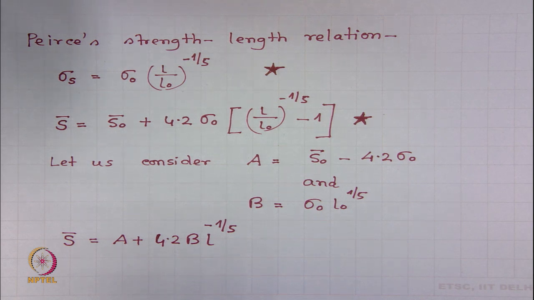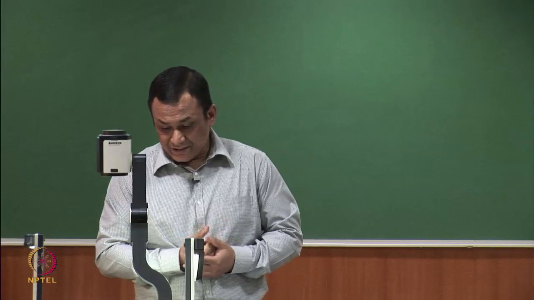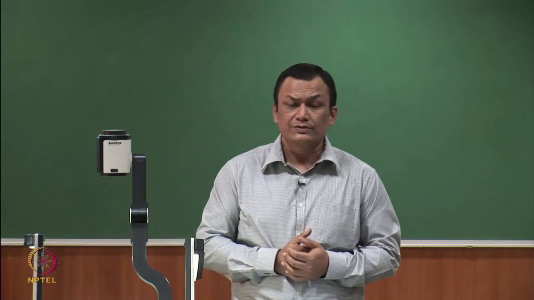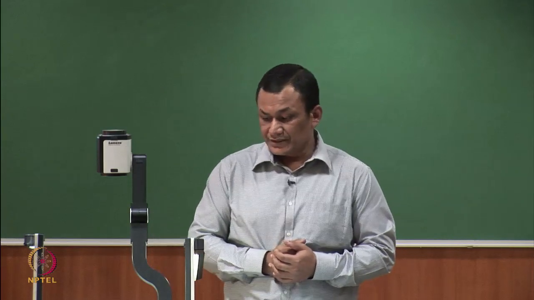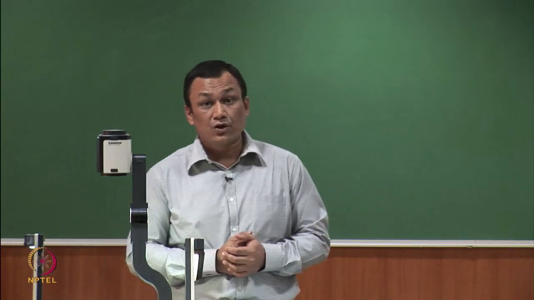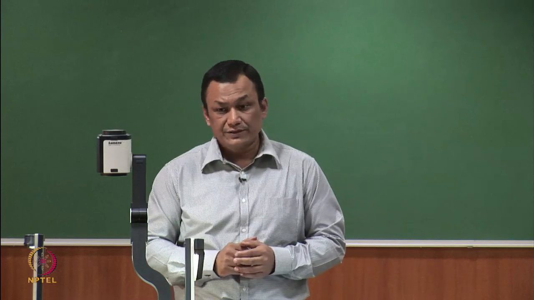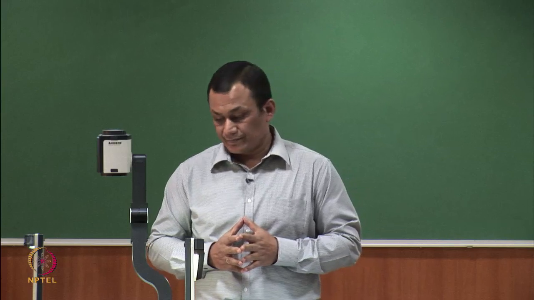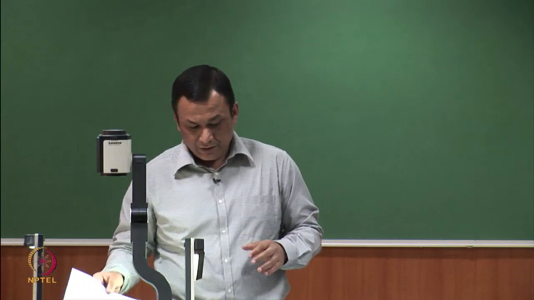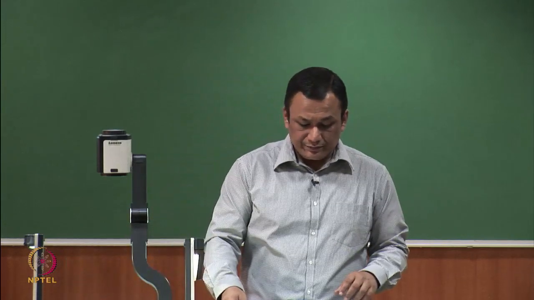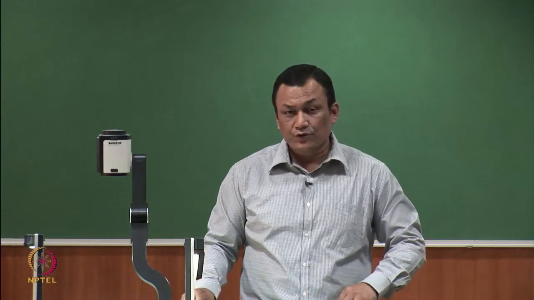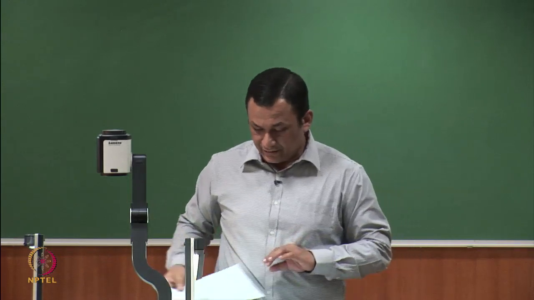So, this is how Peirce obtained the two famous relations which are often used in textiles to predict the strength at longer gauge length. Now, we would like to see how these two equations correspond to reality. So, we have produced a 7.4 tex cotton combed ring yarn.